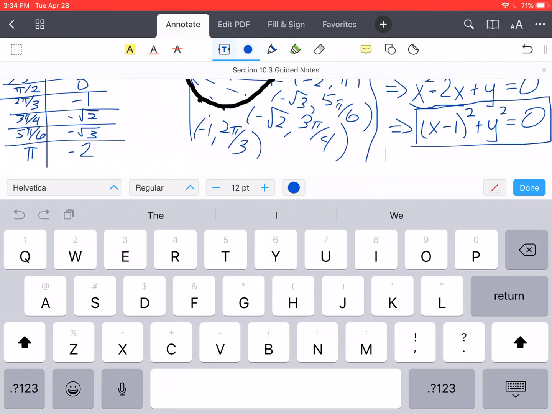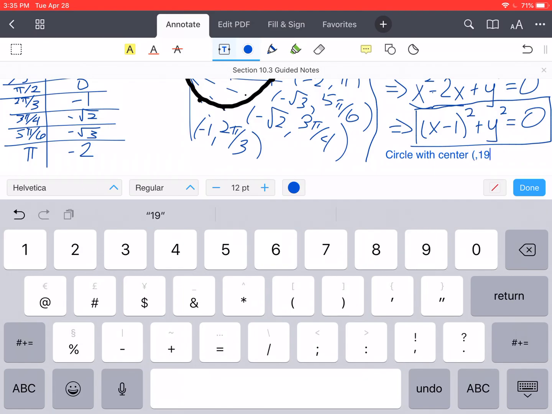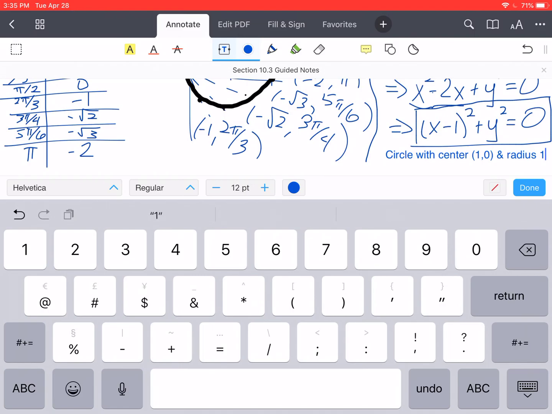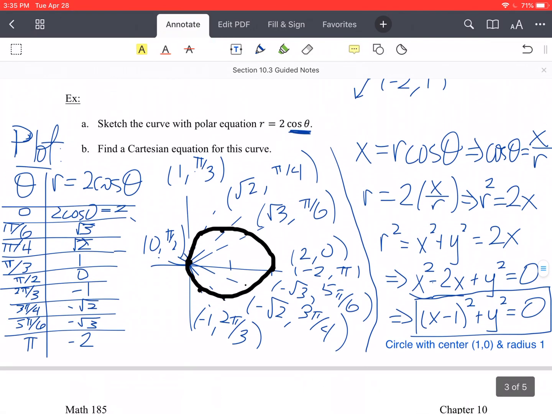Well, this is a circle with center 1, 0, and radius 1. So it is in fact what it looks like. It's a circle that's a little bit off center. It has a center of 1, 0, and it has a radius value of 1.